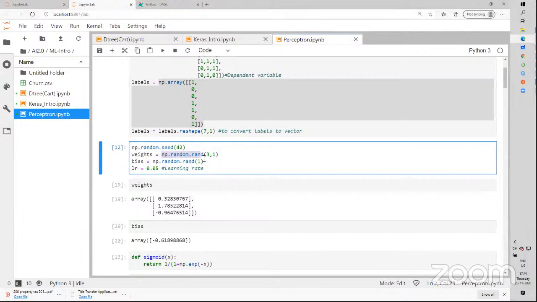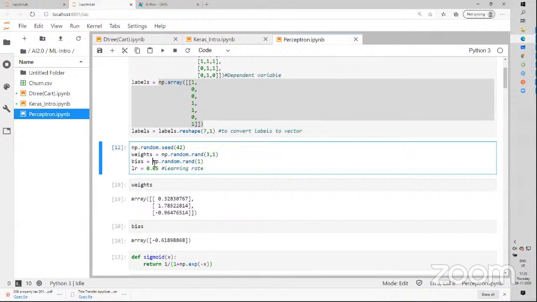So using NumPy, and within NumPy we have a function called random, using this I am generating random values with the shape 3, 1. So this is a NumPy array. Weights is going to be a NumPy array of the shape 3 rows and 1 column.